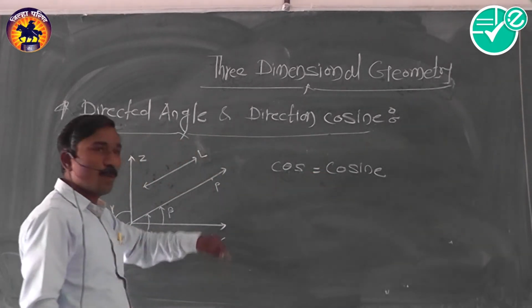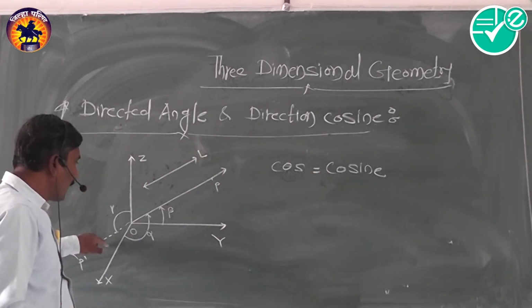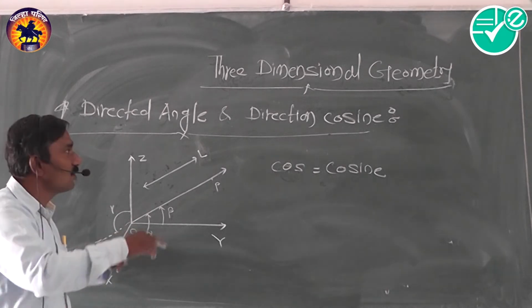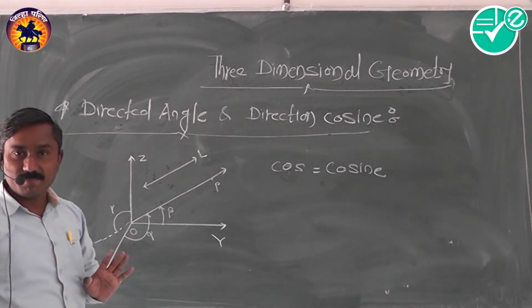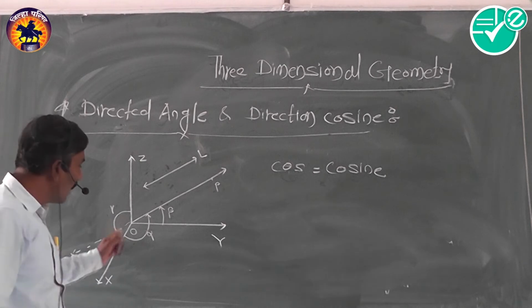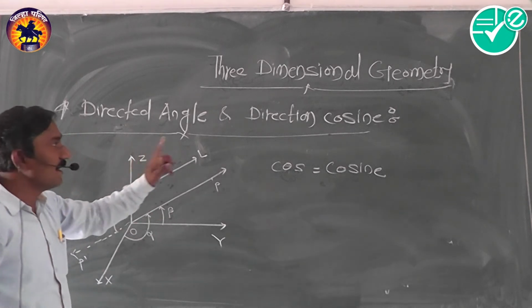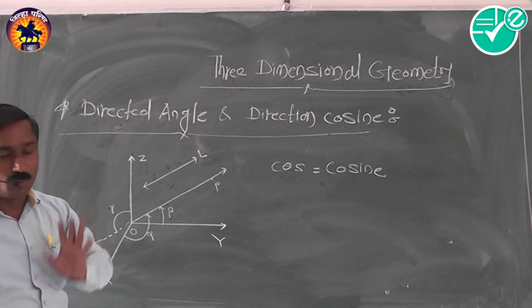So we have to calculate the cosine of that angle, which is called the direction cosine. The cosines of the angles alpha, beta, gamma are called direction cosines.